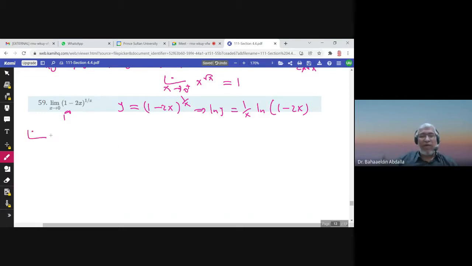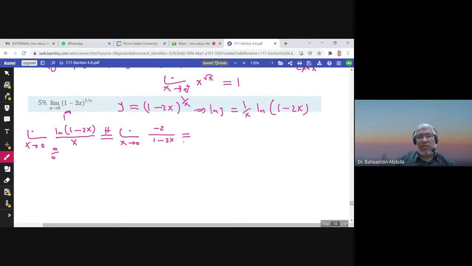And now I find limit ln 1 minus 2x over x. 0 over 0. I can use L'Hopital's. 1 over 1 minus 2x. The derivative of 1 minus 2x is negative 2 over 1 because the derivative of x is 1.